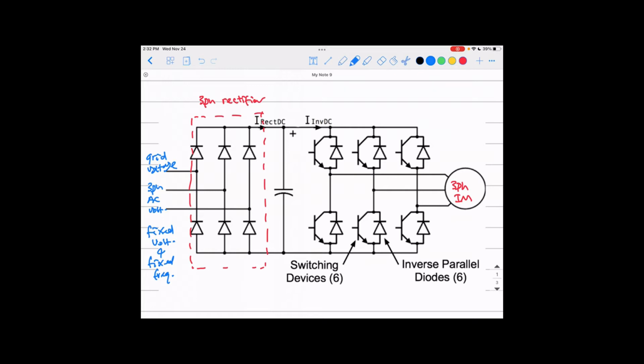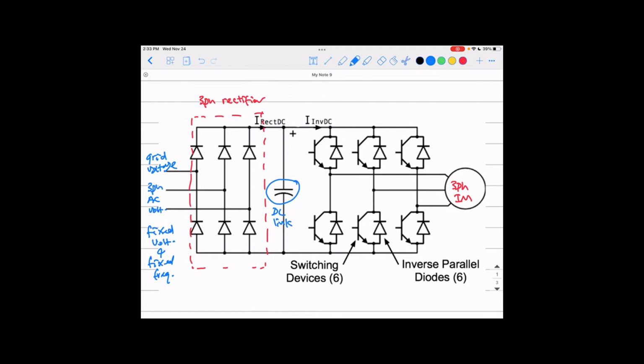We apply it to these 6 diodes, which is a diode bridge, a three-phase rectifier. This rectifies it and turns it into a DC voltage. Over here, this is a capacitor, we call it the DC link. This capacitor is used to smooth the output of the rectifier to make it pure DC voltage as much as possible.